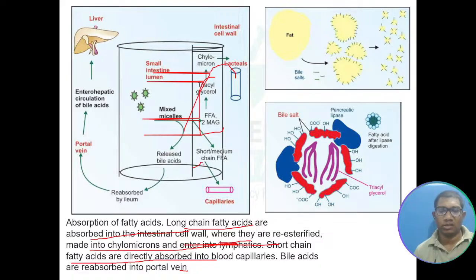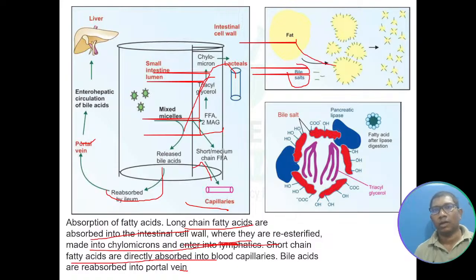Short chain fatty acids are absorbed directly into the portal vein. So first of all, these bile salts are there: sodium glycocholate, sodium taurocholate. They convert lipid droplets into an emulsion, which goes into the lymphatic system. That's how it is absorbed.